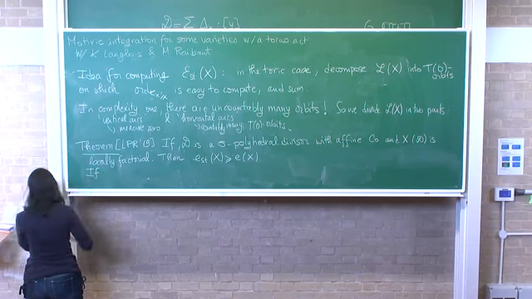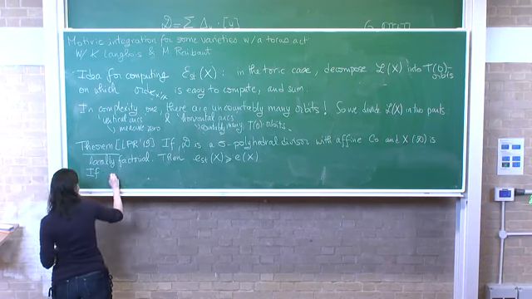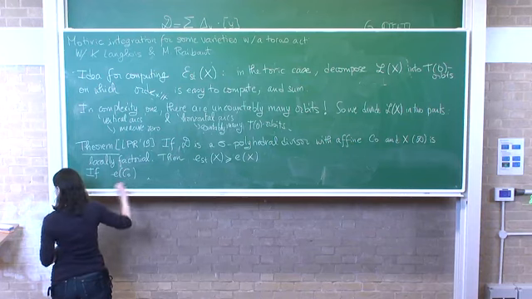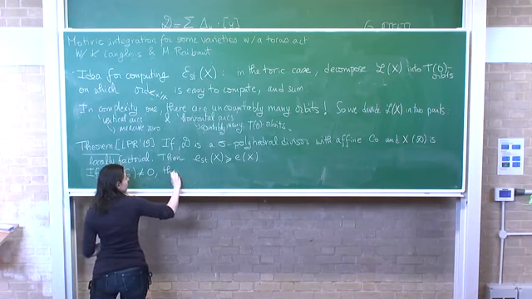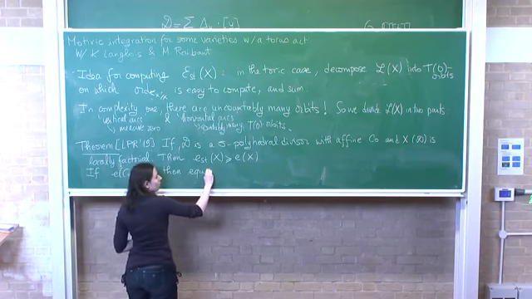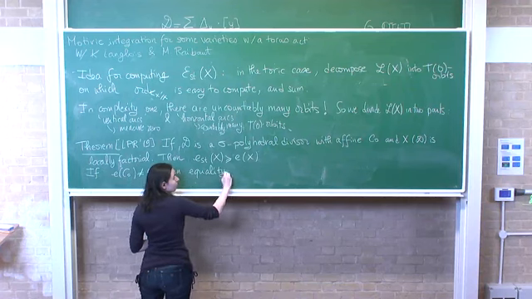So if the Euler characteristic of C0 is not 0, then equality holds if and only if X is smooth.